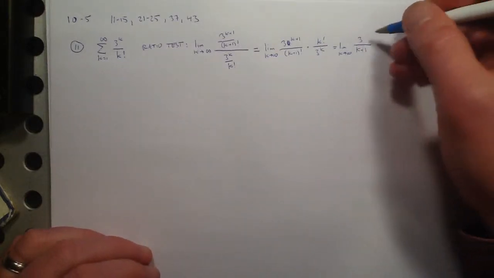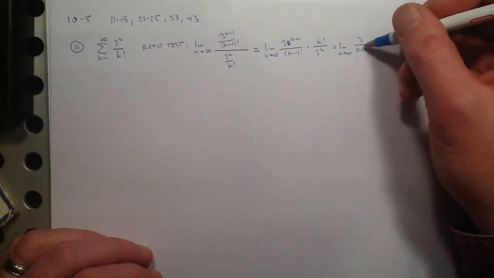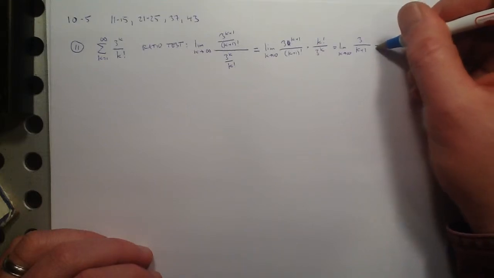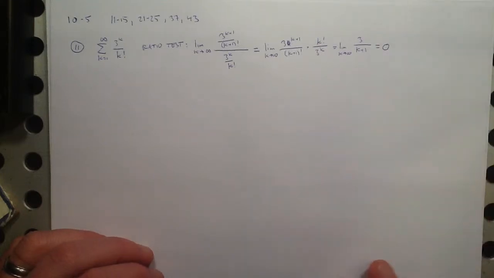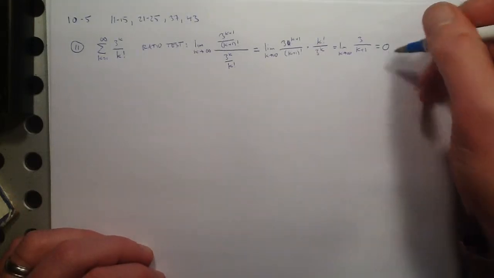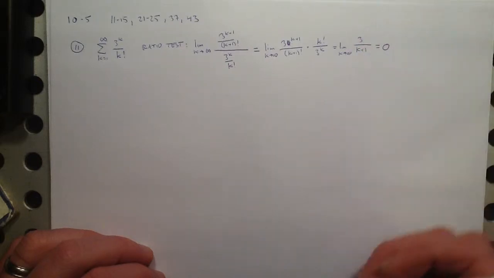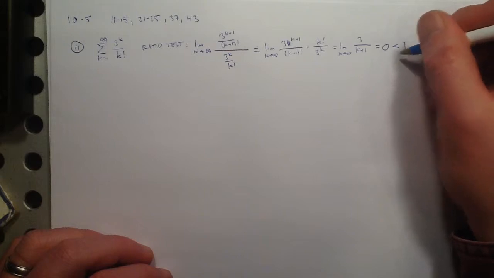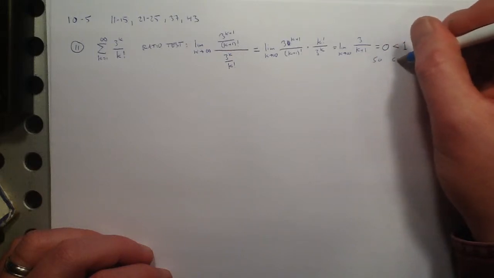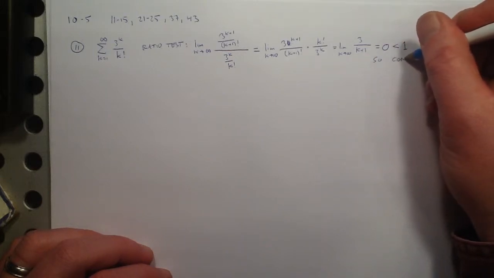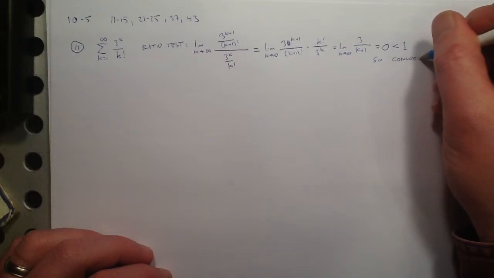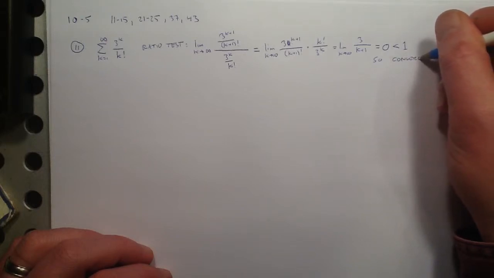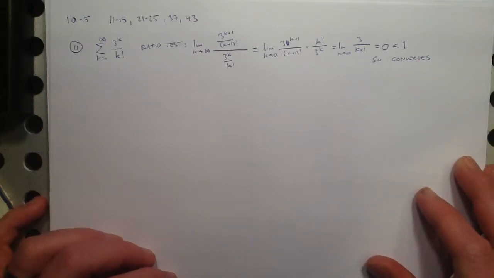And that limit, well, highest power dominates, highest power is on the bottom, so that limit goes to 0. And since this limit is less than 1, this series converges. No idea to what it converges, but it converges.